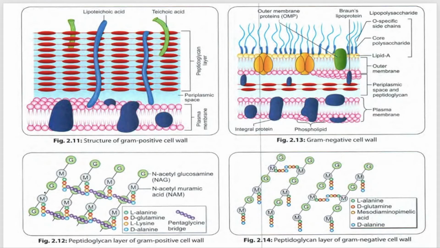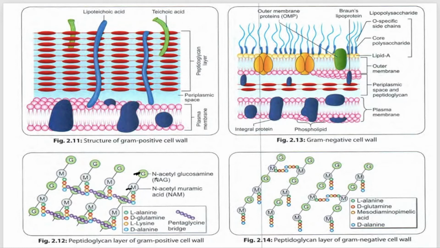Here it is. On my left side we have the structure of the gram-positive cell wall, and on the right side we have the peptidoglycan layer of the gram-negative cell wall. First, the gram-positive peptidoglycan layer on the left. G stands for the N-acetyl-glucosamine unit, M stands for the N-acetylmuramic acid unit.